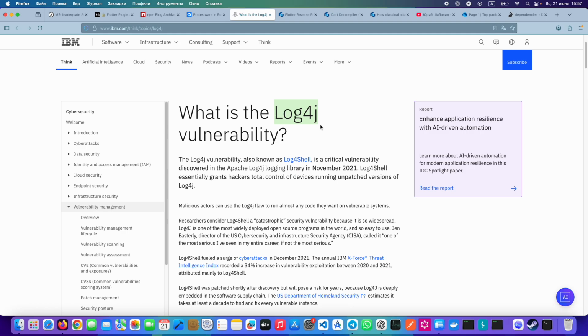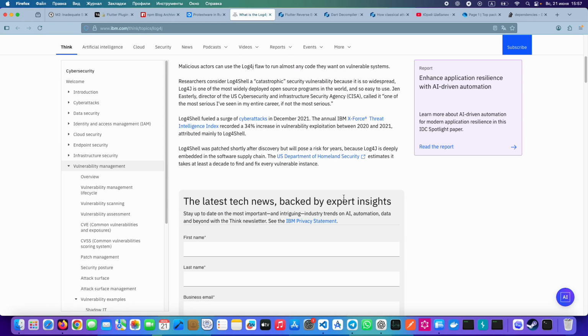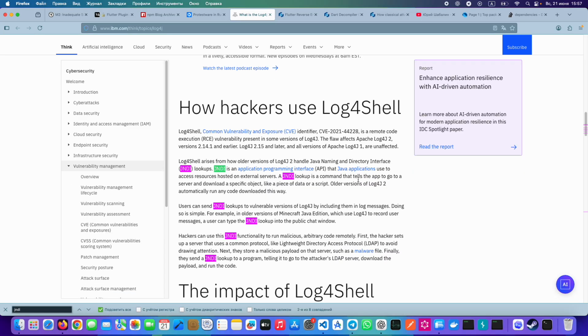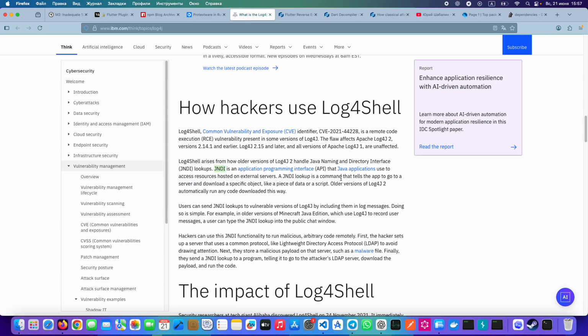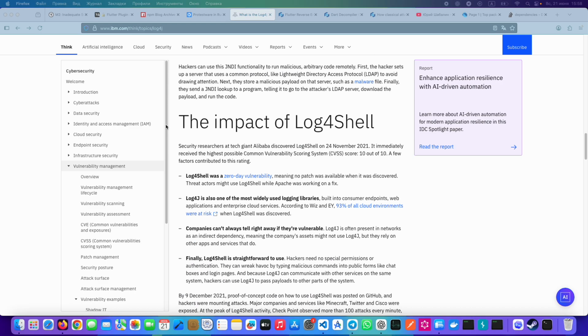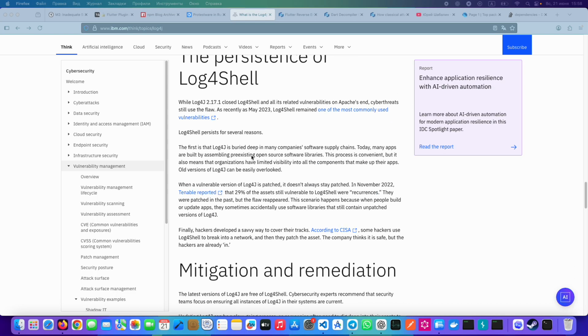So what happened? The hackers saw that the Log4j package is using JNDI, some other package that makes requests to servers and all kinds of stuff. They found out that it could make a request to the server.